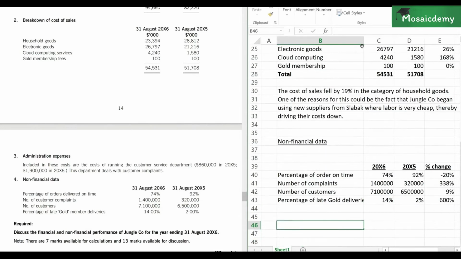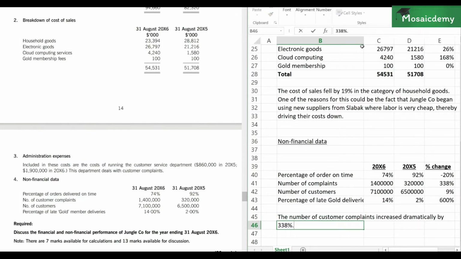Okay, so we can say the number of customer complaints increased dramatically by 338%.